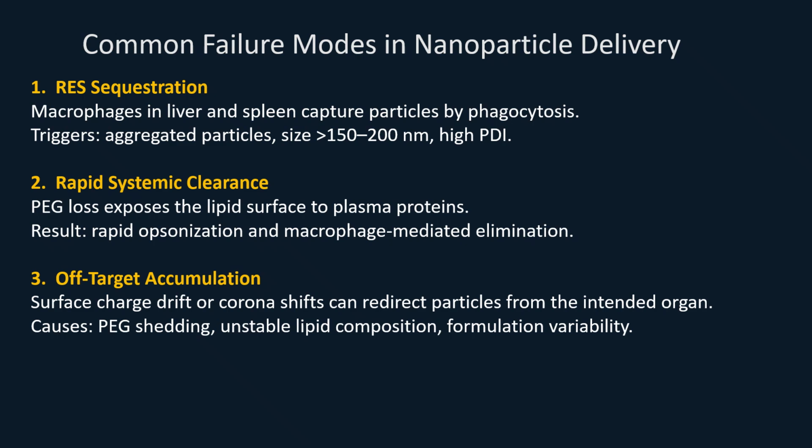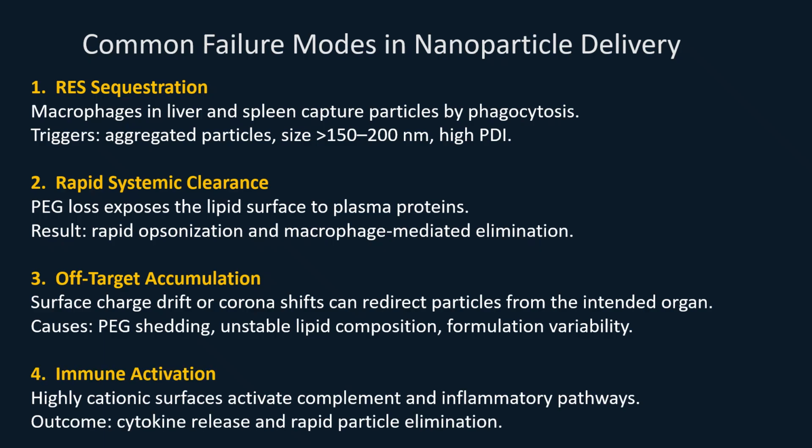If surface charge drifts, the protein corona shifts, and particles can end up in the wrong organ. Fourth is immune activation. Highly cationic surfaces directly trigger complement and inflammatory pathways, leading to cytokine release and elimination. So this is also a toxicity concern.